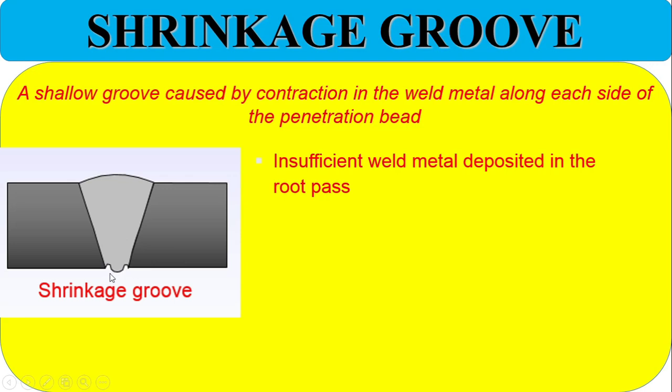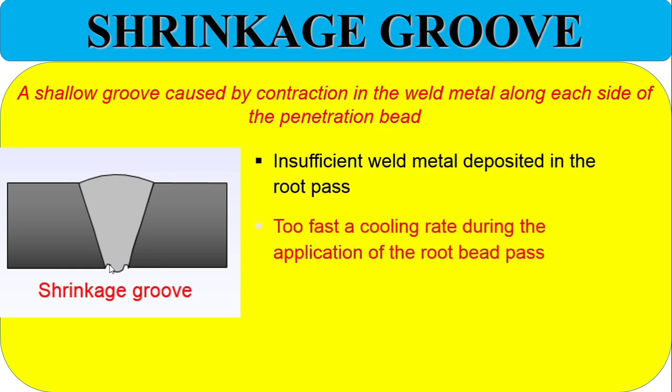That's why the shrinkage groove comes. Insufficient weld metal, definitely. Why does it come inside? When the insufficient weld metal is deposited and cools, it goes inside, because there is not sufficient weld metal. When it cools, there will be shrinkage. That's why it comes inside.